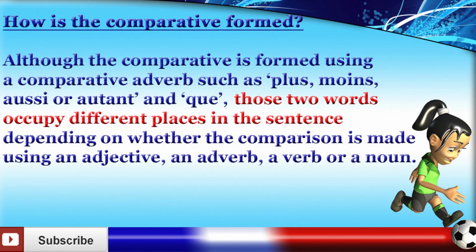Something else you need to be aware of is that although the comparative is formed using a comparative adverb such as plus, moins, aussi, or autant, and the word que, those two words occupy different places in the sentence depending on whether the comparison is made using an adjective, an adverb, a verb, or a noun.